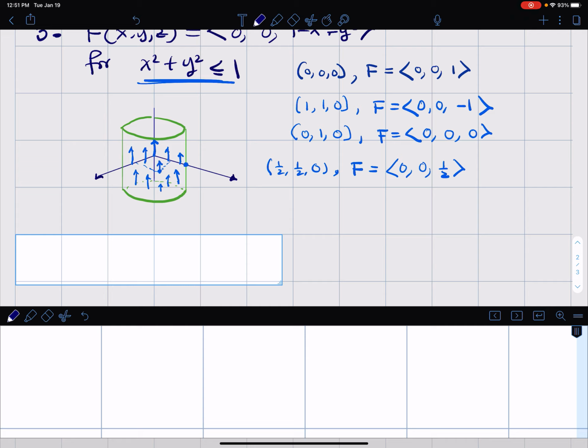All right, let's look at another definition.